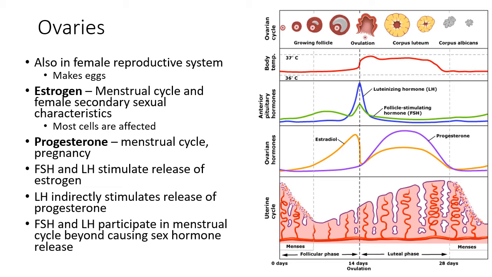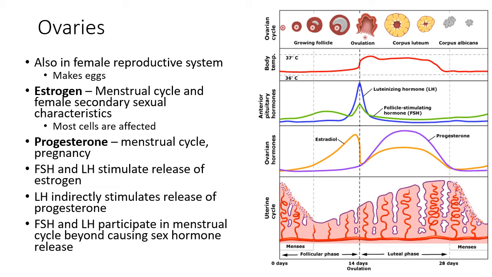Those are all female secondary sexual characteristics. So that's all the differences between men and women that are not related to the reproductive system itself. Essentially every cell in the body is affected by estrogen in one way or another, and it has a lot of really complicated effects on different cells, as people who take birth control may be aware.